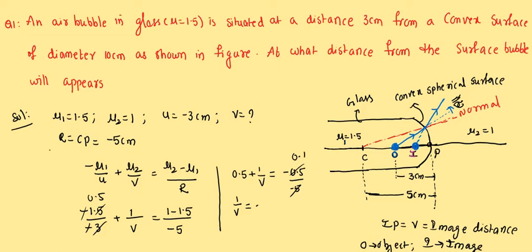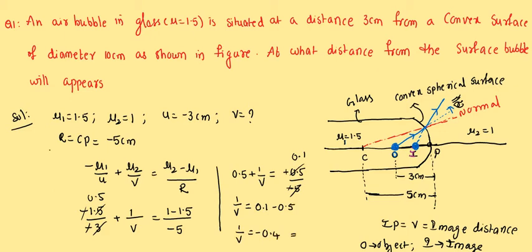0.1 we will get. Then 1 by v is equal to what you will get here, the minus also gets cancelled, right. Finally it remains 0.1 minus 0.5, and 1 by v we will get as minus 0.4.